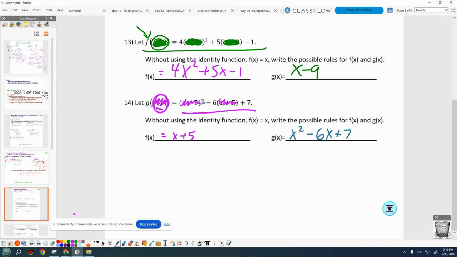Pregunta? Wouldn't it be like 5? Why wouldn't it be like 5x? Okay, the inside function, the f of x? Okay, well, let's try that.